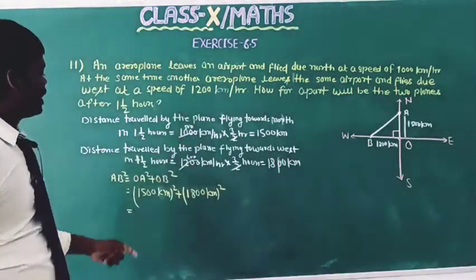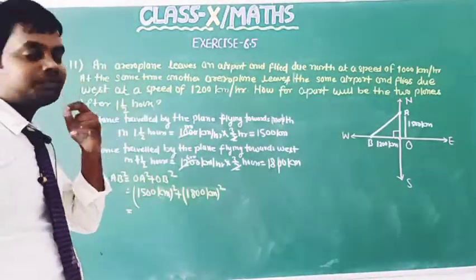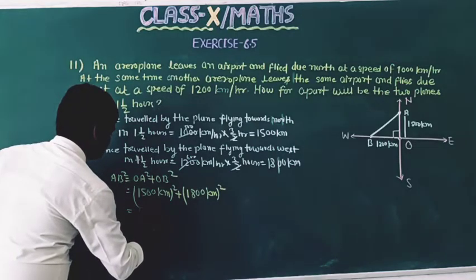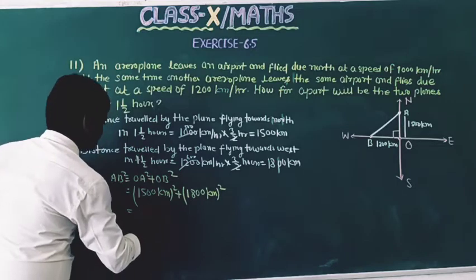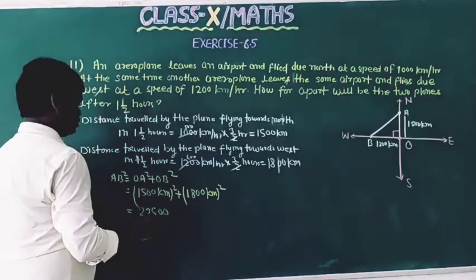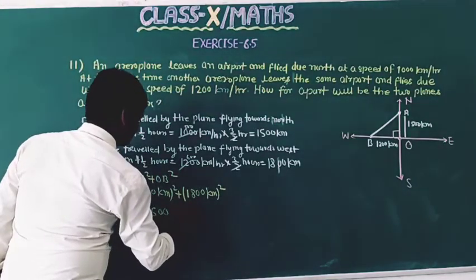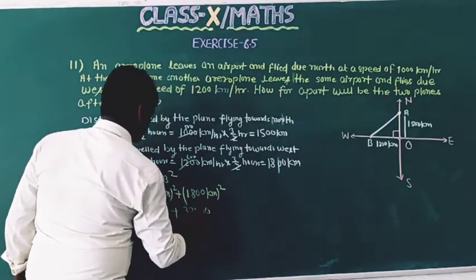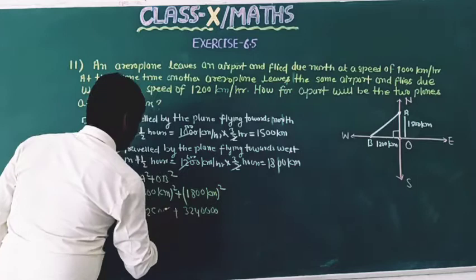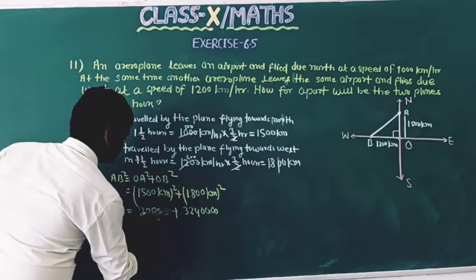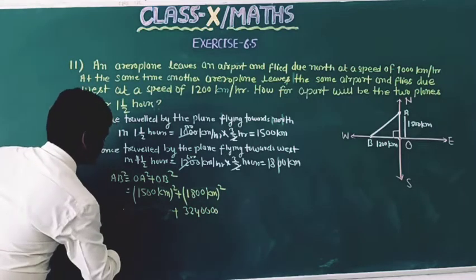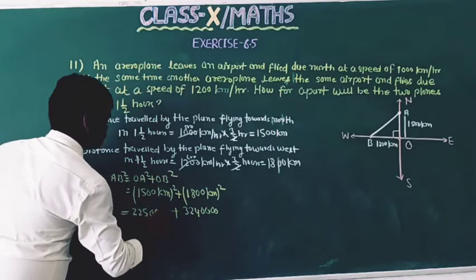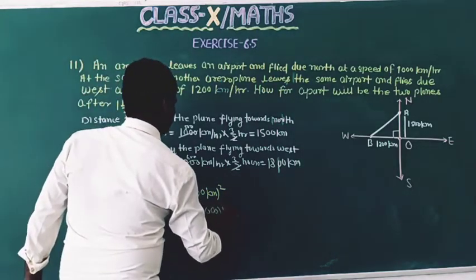The square of 1500 will be 2250000, plus 1800 square, 3240000, this is 5490000 kilometer square.